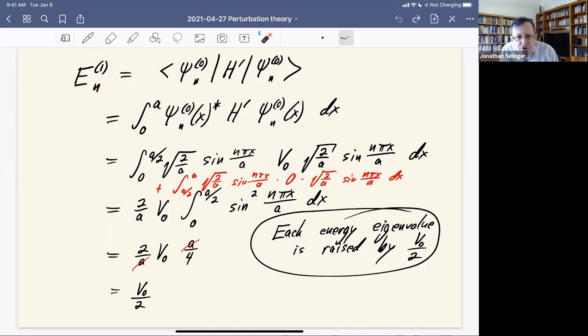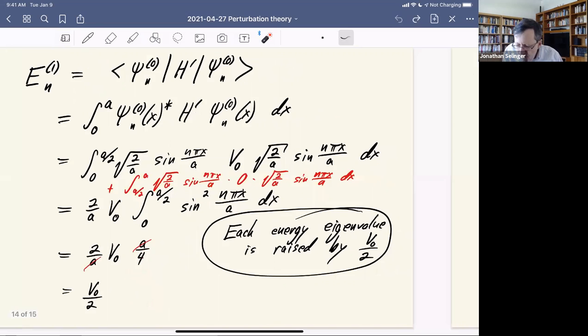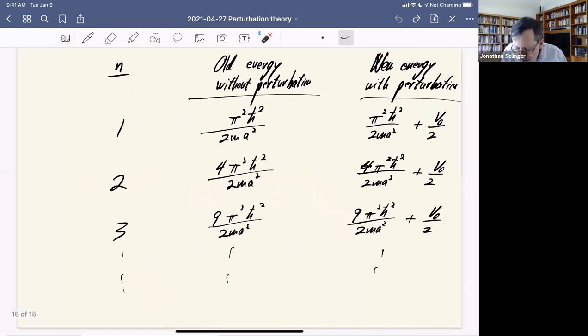This is the first order change. In general, that might depend on n, but in this particular problem, it doesn't. It's the same energy change for each of the states. So for each value of n, 1, 2, 3, there's the old energy, the 0th order term, and then there's the new energy with the perturbation.